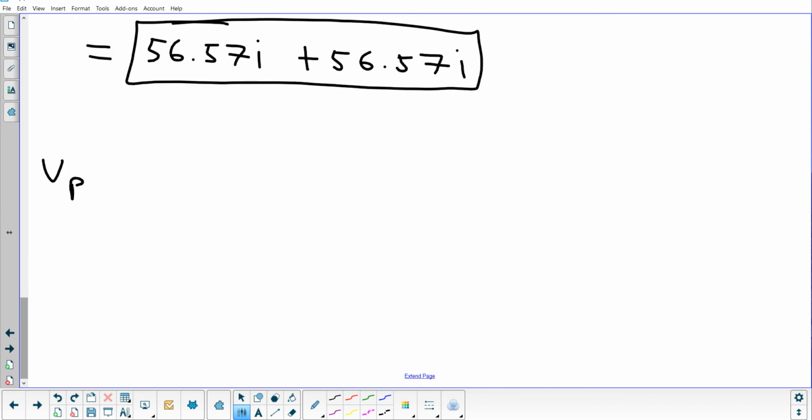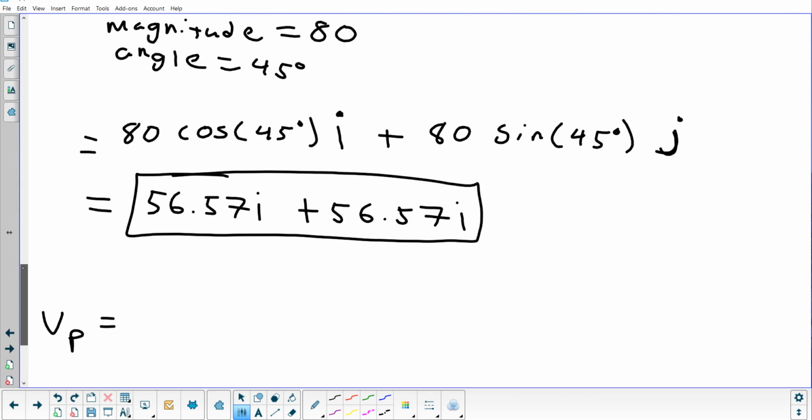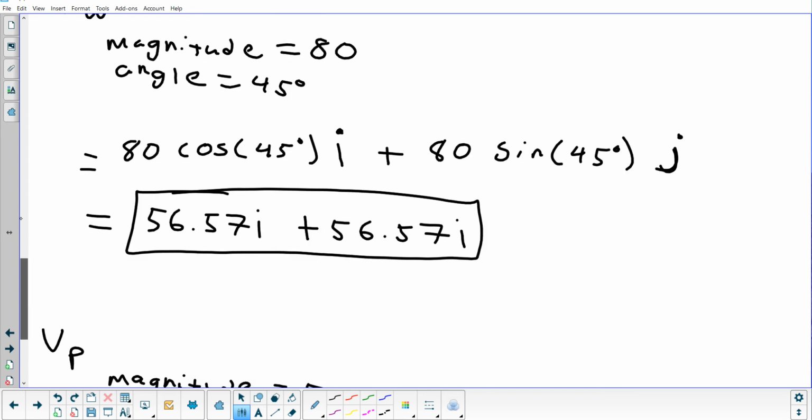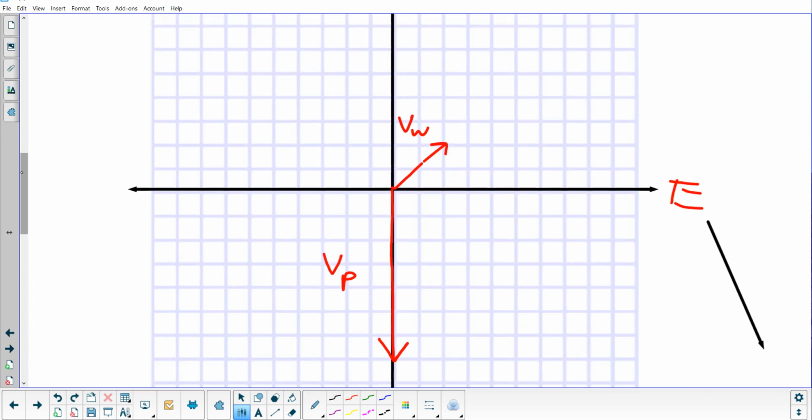Okay, velocity for the plane. What's the magnitude of the plane? Okay, magnitude is 500. And what's the direction again? South. So yes, that's a 270 degree angle because it's south.